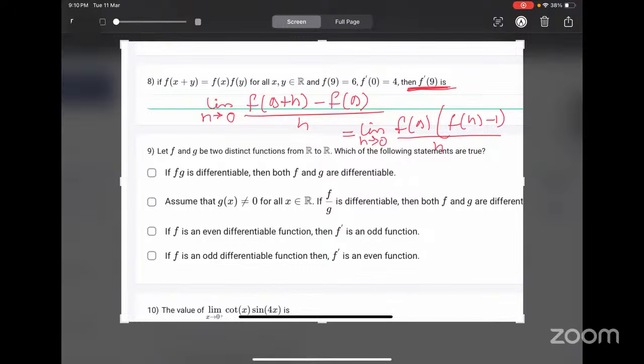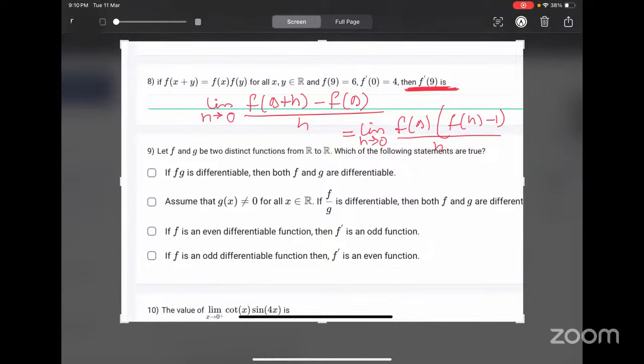Why are we directly taking the limit h tends to 0 formula? We are not using the LHT and RHT here, because they have given that we have to find the value of f dash of 9. That means we have to directly assume that the derivative exists at 9. Yes.